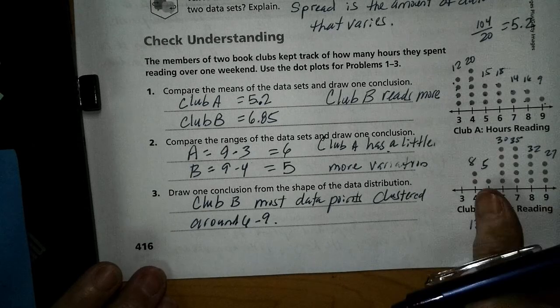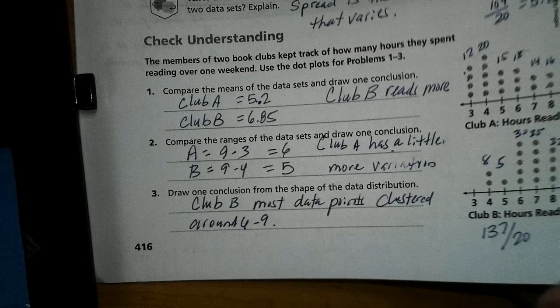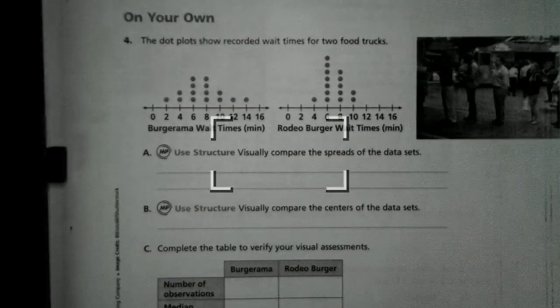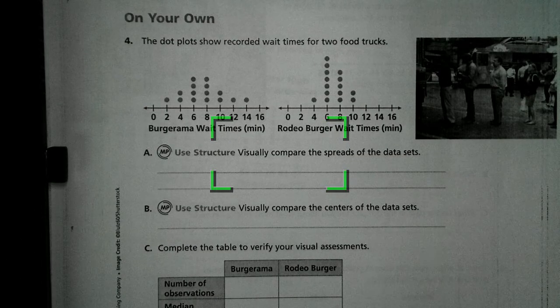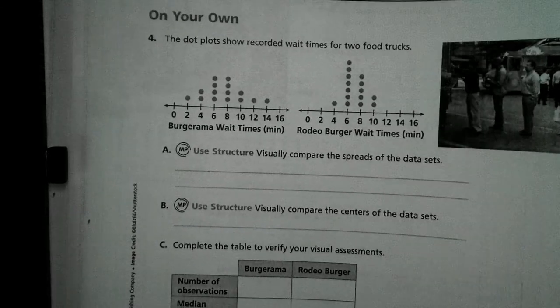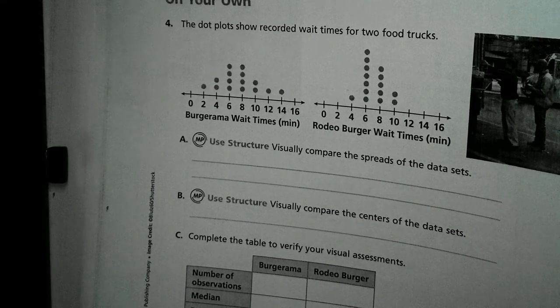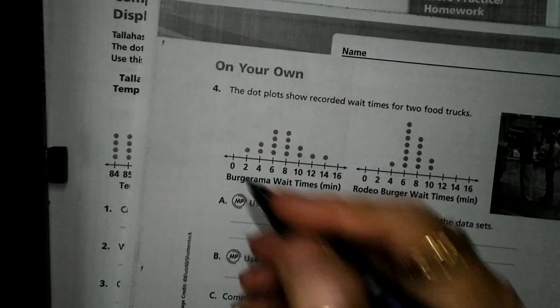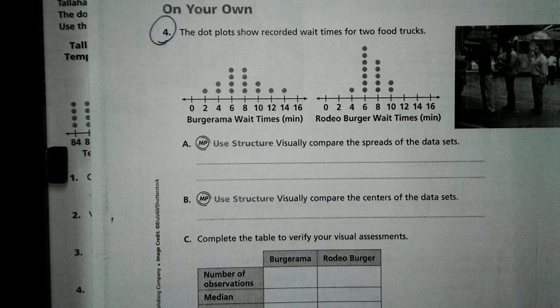All right, so on your own, it is very short today. Oh, no, it's not. Why did I have that to be done in one day? Okay, so for you guys, let's just do the front page. Only number 4.